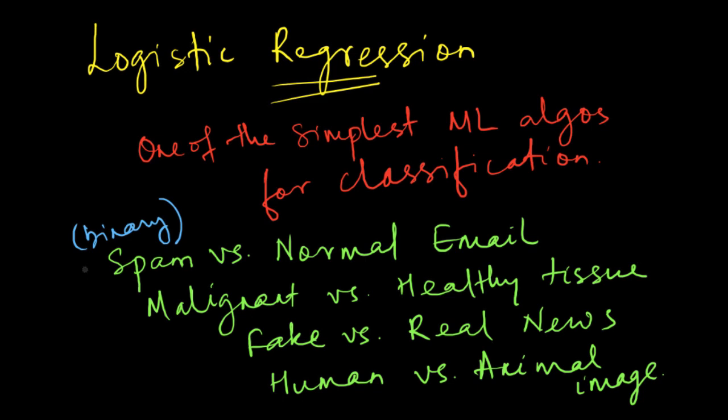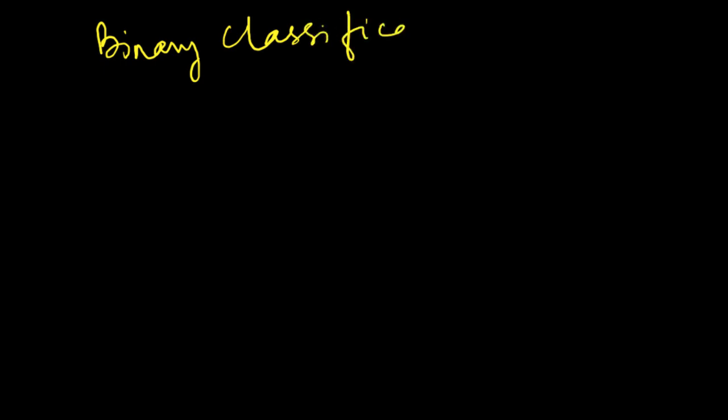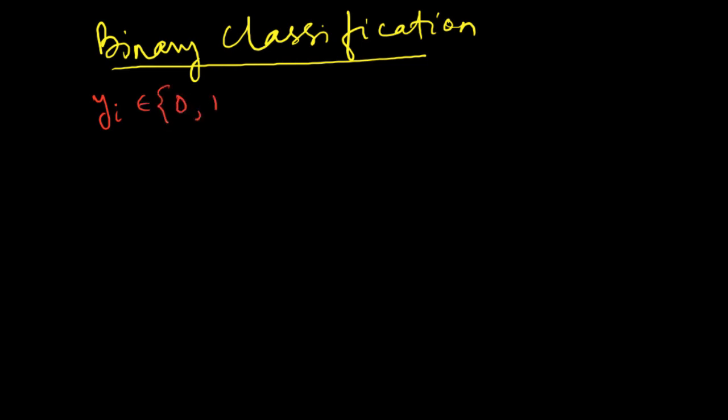For binary classification, what we do is use 0 and 1. So now we have a problem of binary classification where we have an output yi which can be 0 or 1.